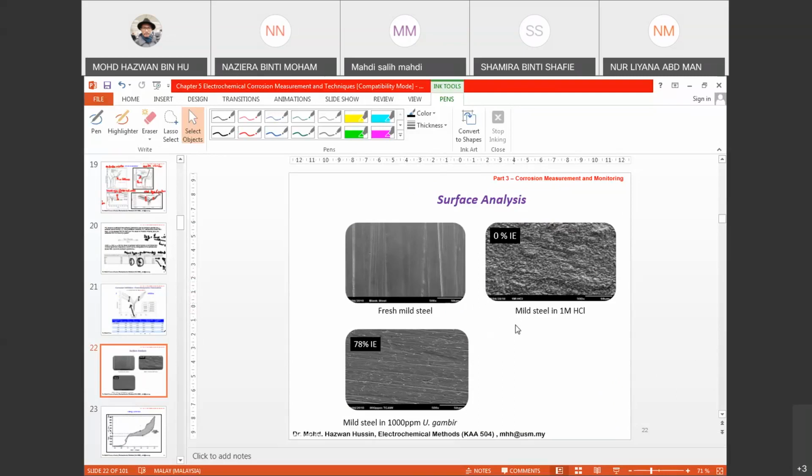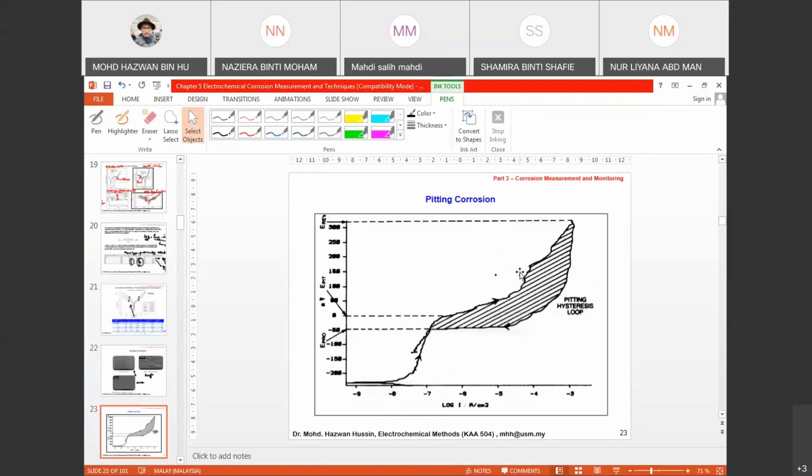When you treat it with acid, it becomes very rough, and with the addition of inhibitor, you will see that it is slightly smooth, almost comparable to the fresh metal.